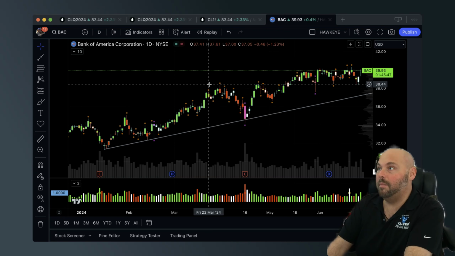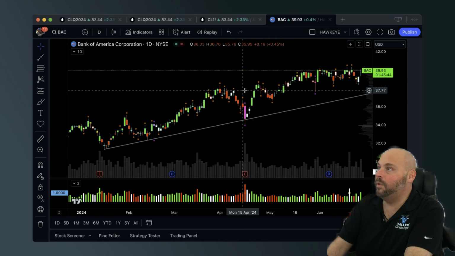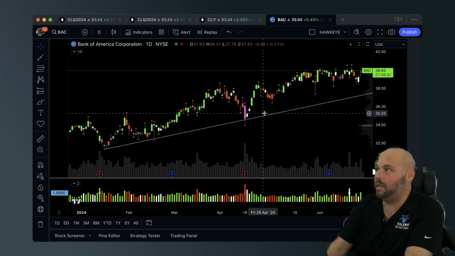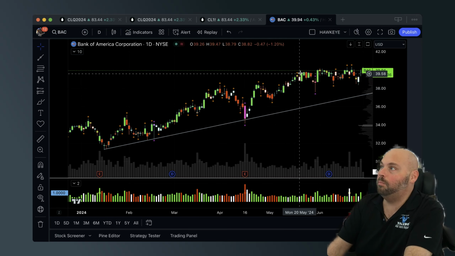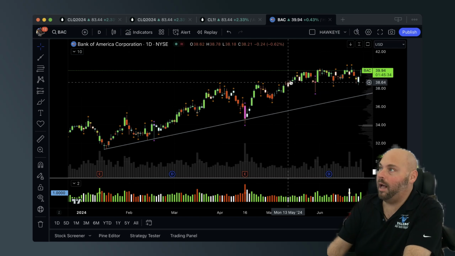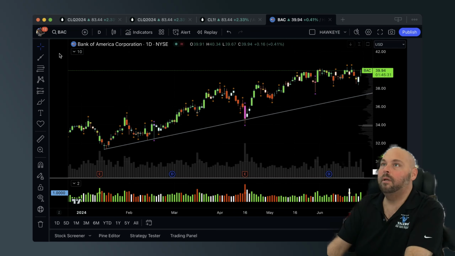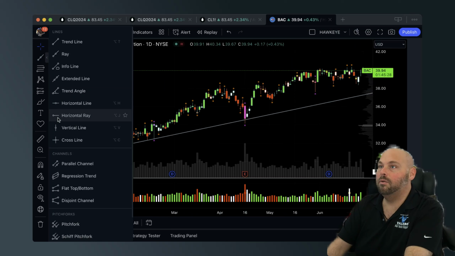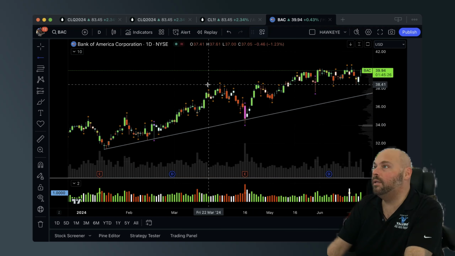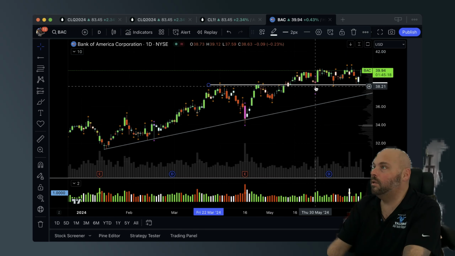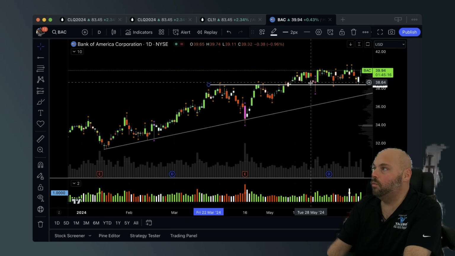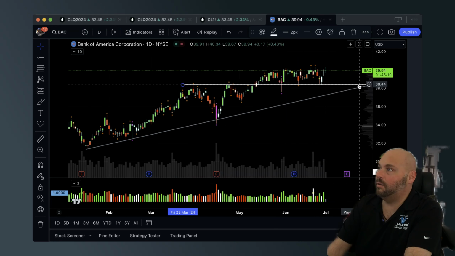So you can see we came in to test the prior high. We corrected, went on to place again another higher low, and then we went on to push those prior highs. Not only did we push them, let's drop a horizontal ray here. You can see these highs became what? They became future support. Notice we broke it here, retest, just short of a test, and another test, right?